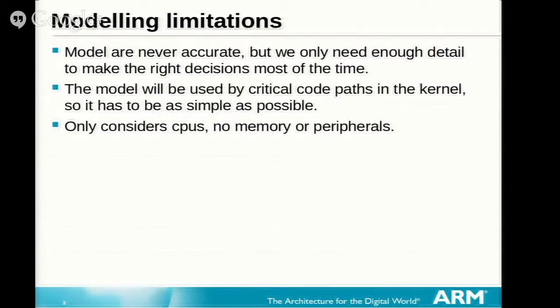If we can get something which is right more than half the time, then we're doing good. We should remember that if this model is to be used in the scheduler, and that is the plan, it needs to be really simple because we're going to use it in critical paths of the kernel, so we can't have something which takes ages to compute. It needs to be as simple as possible.